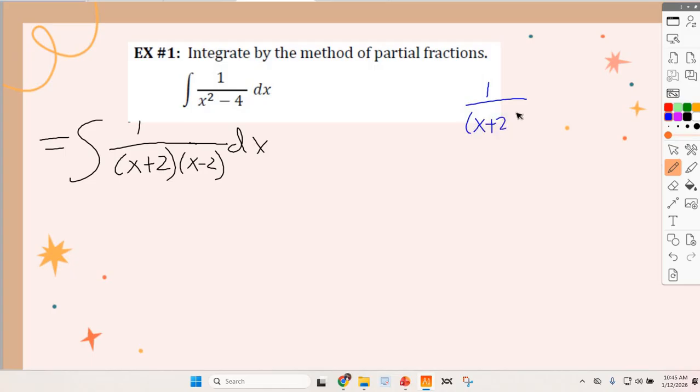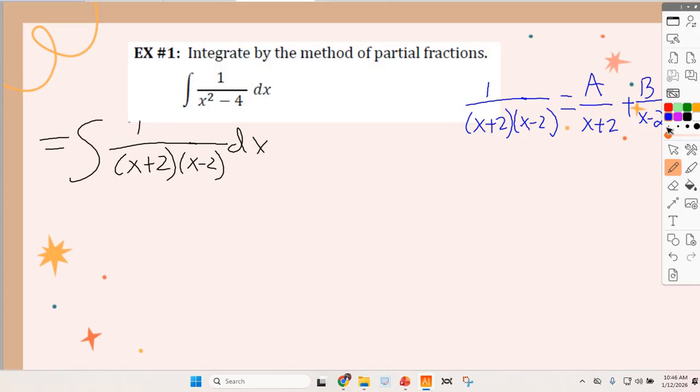So what do we know that this is going to have to equal? Okay with where we're getting our 2 denominators from?